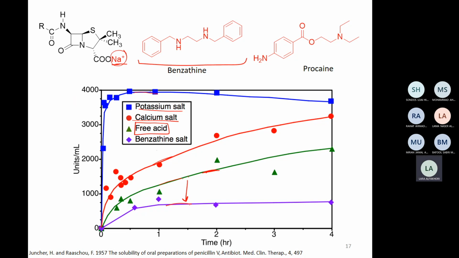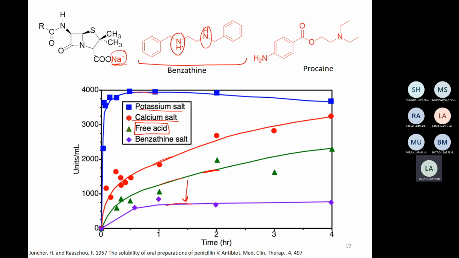All right. هلا البنزاثين, it's a basic molecule. وين عندي البيسك atom فيه؟ Yeah, those two nitrogens in here. Aliphatic nitrogens, ال pK لهم تقريبا 9. When added to the free acid, شو راح يصير عندي؟ البيس will abstract the proton of the carboxylic acid.